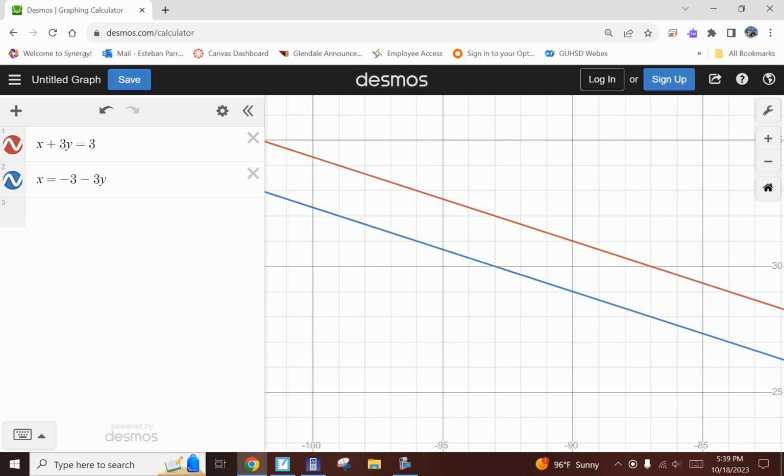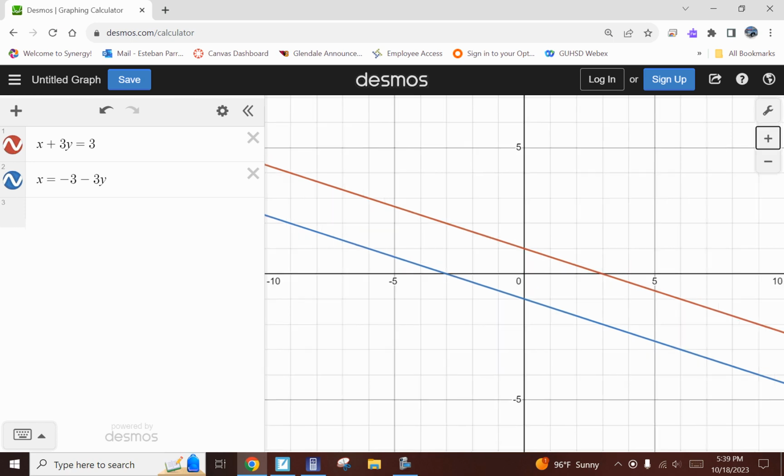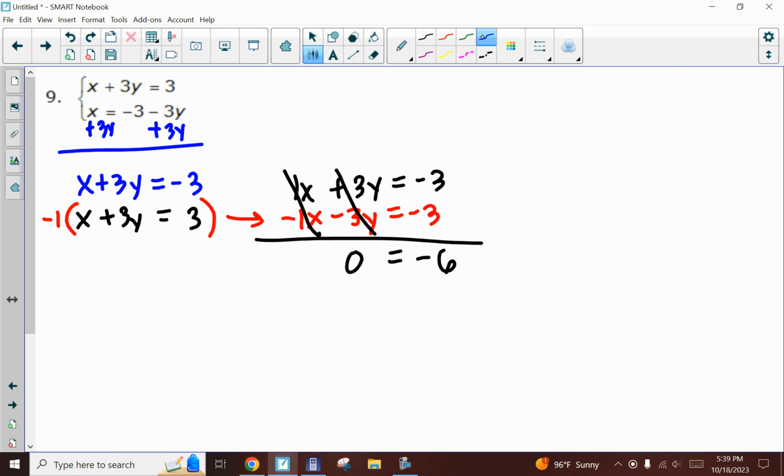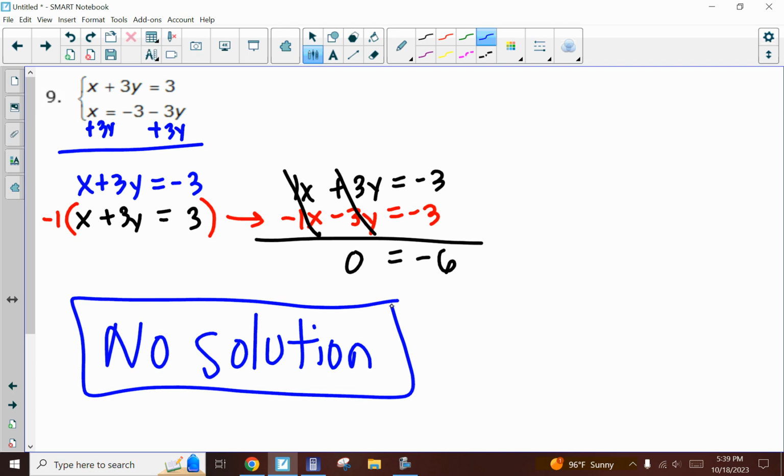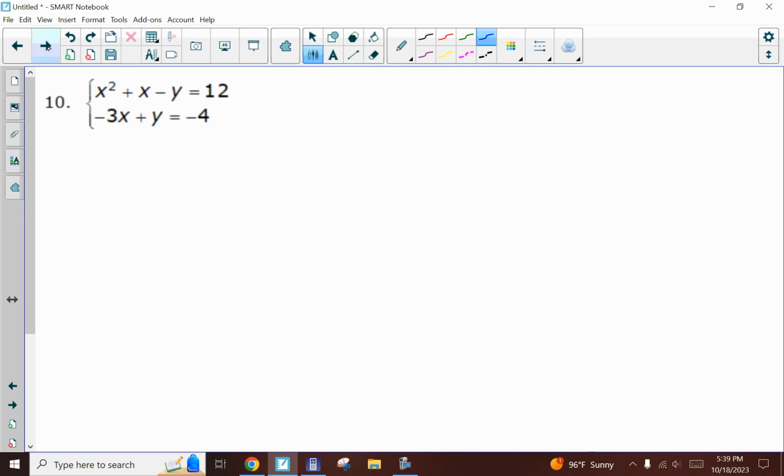So an answer is where they cross each other, but they don't cross because they're parallel. So in this instance, we would just write no solution. Now, that's very rare that we have a no solution, so don't go and put no solution on every question without checking first. It's only no solution if the two lines are parallel to each other.